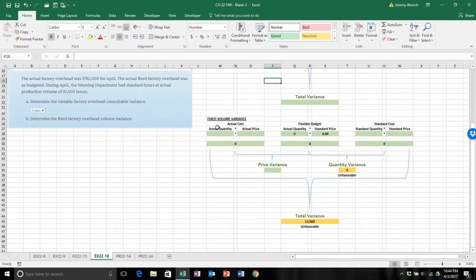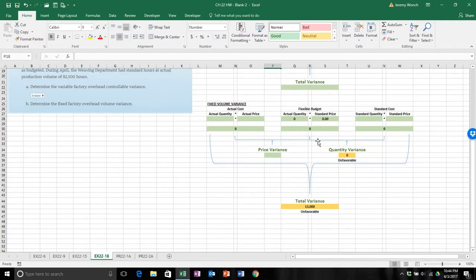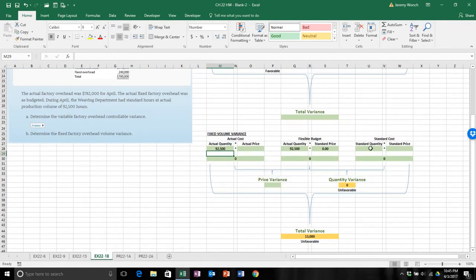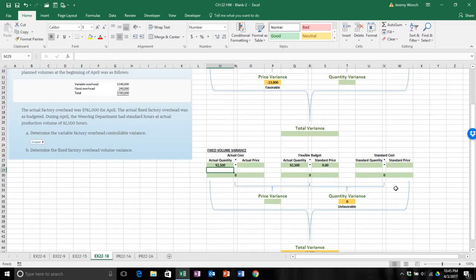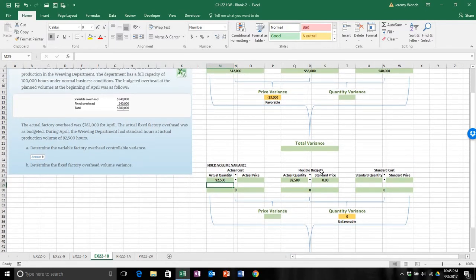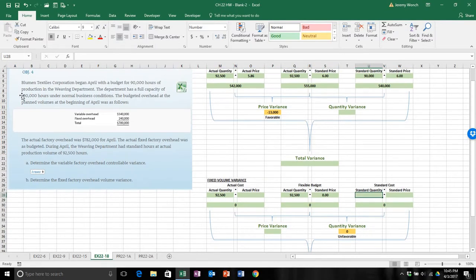Now let's look at the fixed volume variance. The volume variance is our quantity variance, so we want the flexible budget minus the standard cost. We want to know the actual hours, and we already figured that out: 92,500. Then we want our standard quantity. For fixed cost, that's not going to be the budget, that's going to be the total capacity, which is 100,000.